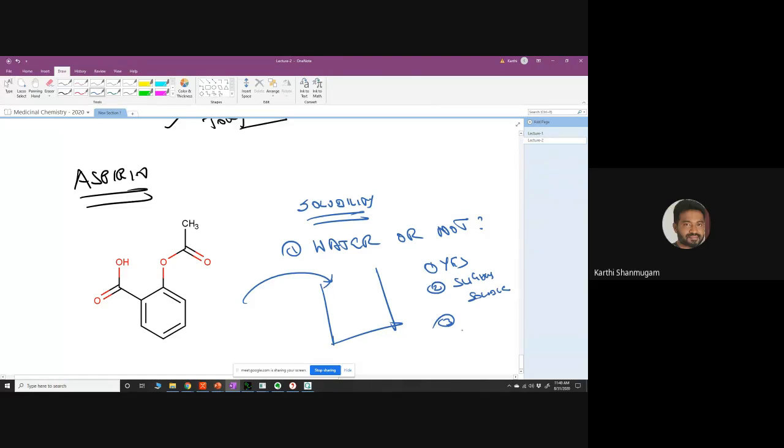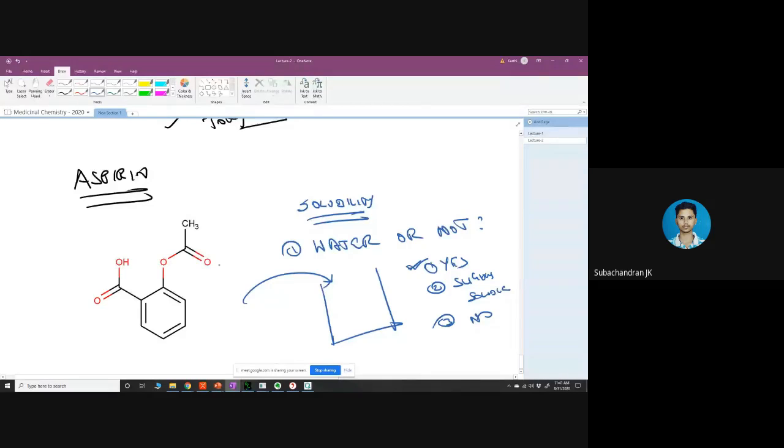The next possible answer is no. Who said yes? The molecule will be soluble in water. Subhaschandran, can you tell that? How do you say that aspirin can dissolve in water?